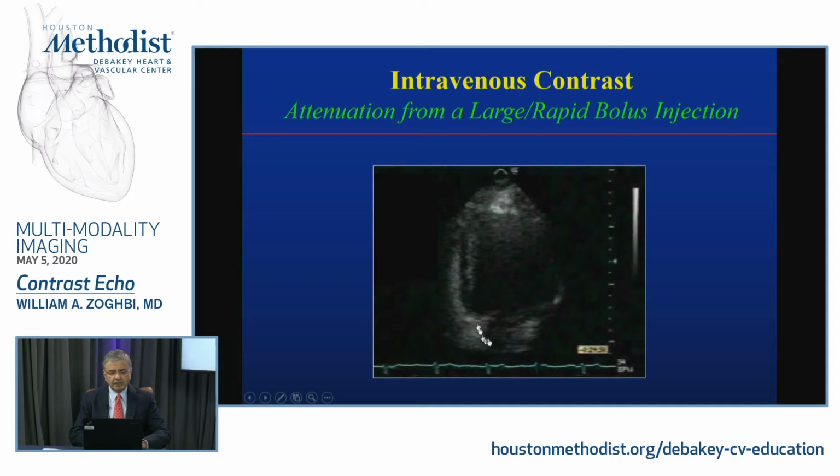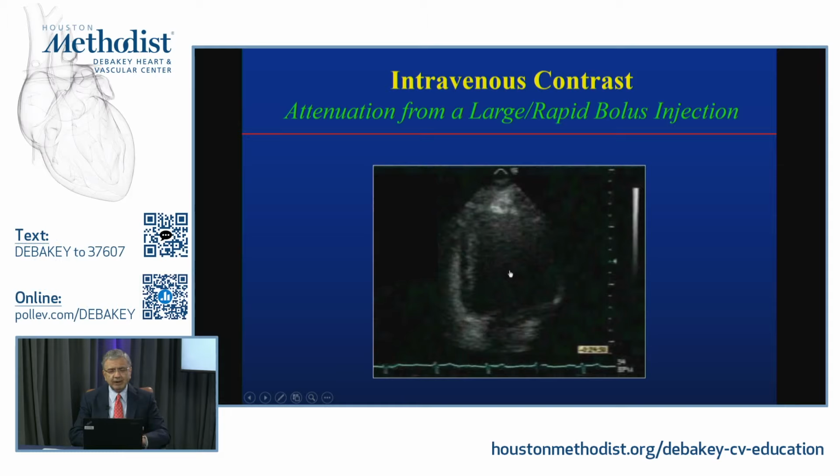And after that, the contrast will come through the pulmonary circulation, come through the left atrium, and come into the ventricle. Early on, you're going to see nice opacification, but gradually, because of the rapidity and the large bolus here, you're going to see attenuation all this area here, and you're going to see the contrast only here, right? So let's play this image and see how the contrast dissipates.